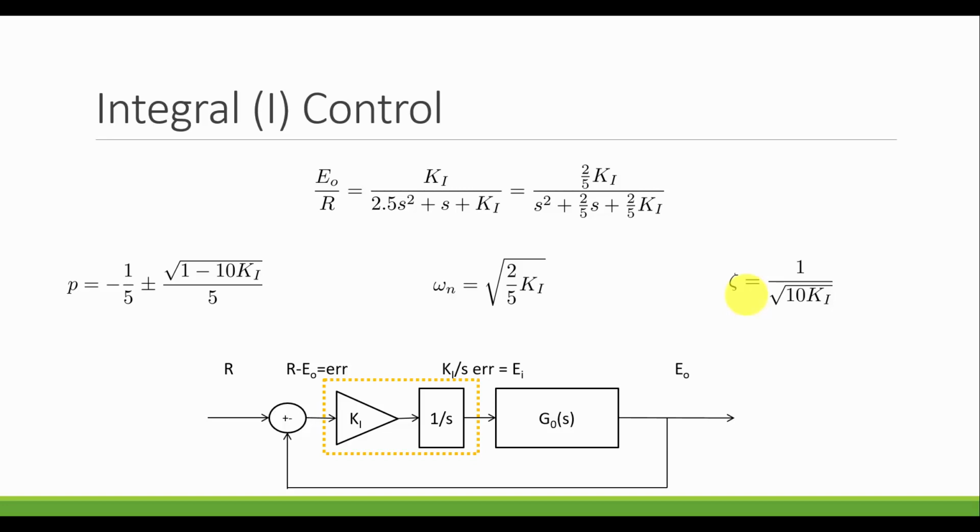Well, we know from the last unit, looking at second order systems with a step input, that the damping ratio and the natural frequency determine things like the peak time, the max overshoot, and the settling time. So the response of our system is going to depend on the ki that we choose. How fast does it respond? How much does it overshoot?